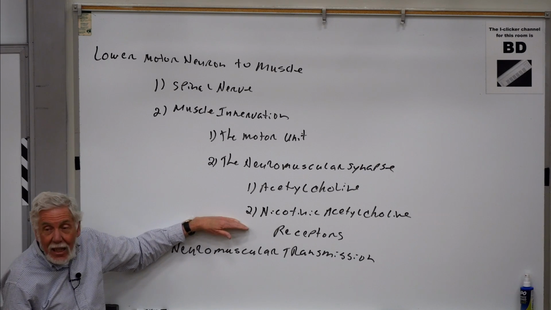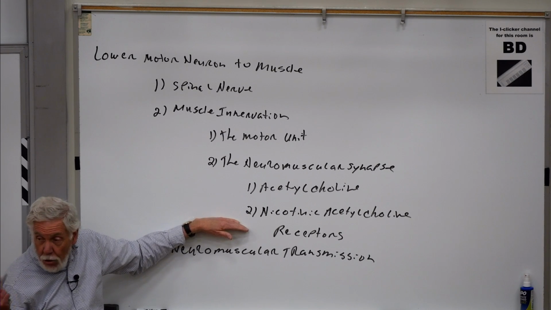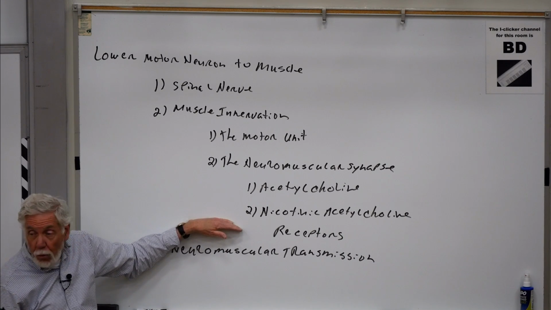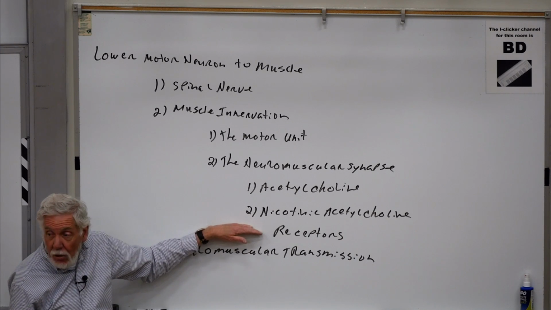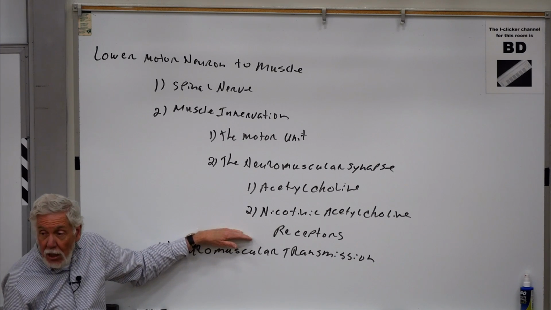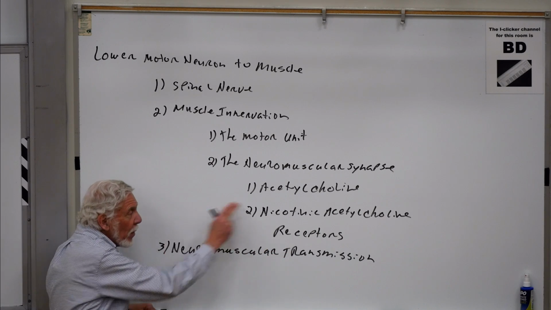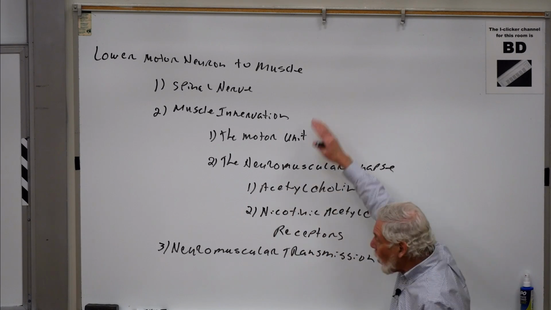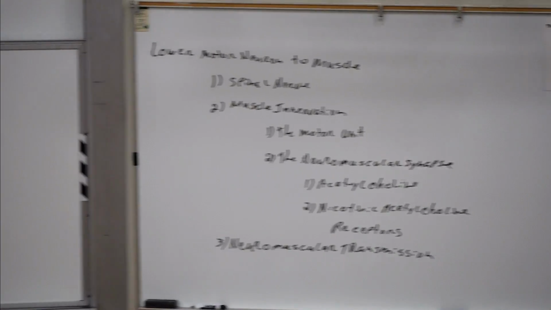These are classic ligand-gated ionotropic channels. So the neurotransmitter binds to the nicotinic receptor, those channels open, and sodium comes in. But just as we saw in the input regions of neurons, the opening of the ligand-gated ionotropic channels leads to the opening of voltage-gated channels, so we can propagate the action potential along the muscle fiber, and that constitutes neuromuscular transmission. And we'll walk our way through that, leading into Monday's discussion of excitation-contraction coupling.